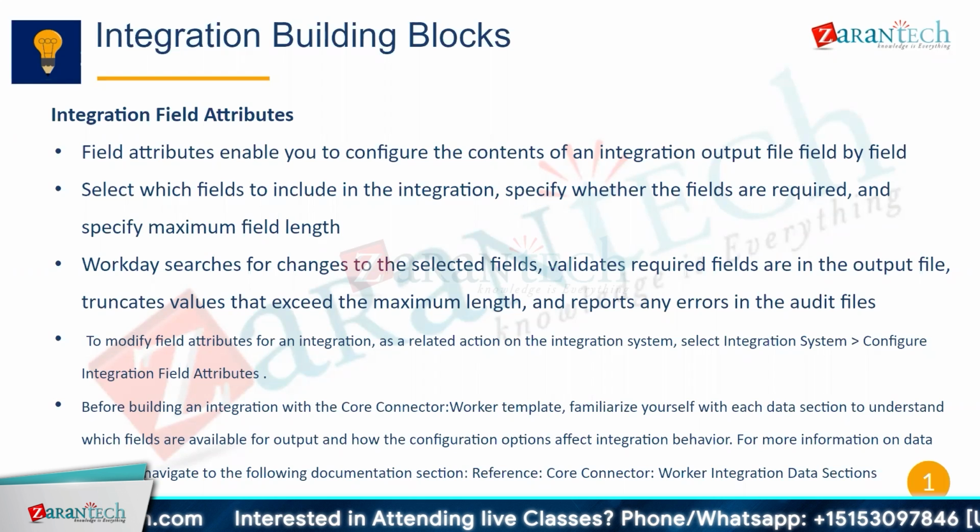Workday searches for changes to the selected fields, validates required fields are in the output file, truncates a value that exceed the maximum length, and reports any error in the audit file. So whenever your integration is fired and it's executed, you will have an audit file available for that particular integration run.